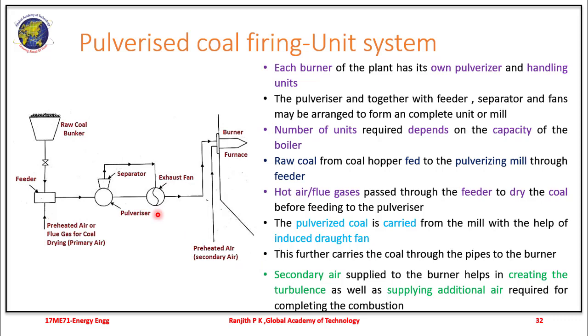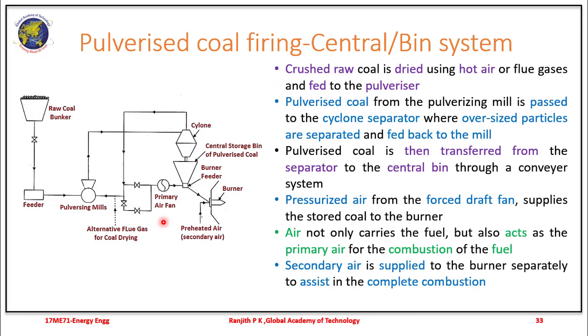Secondary air is supplied to the burner, which helps in creating turbulence and ensures that additional air is supplied for the combustion process to be complete. In the case of a central system, the crushed coal is dried using the same mechanism.